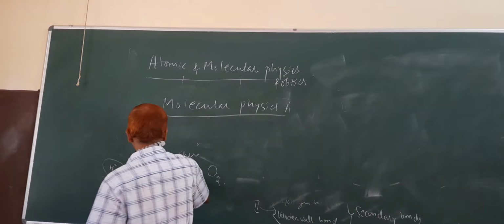Earlier the positive center and negative center coincided, but now the positive center moved to this side and the negative center moved to this side, and this negative center attracts the positive center of the other. In noble gas you find such a shift in the positive and negative centers of the atoms, which attracts one atom to the other, and this is called van der Waals forces.